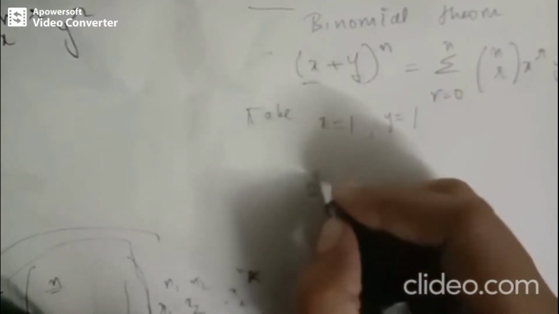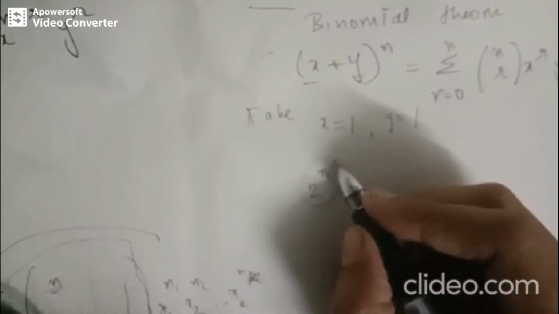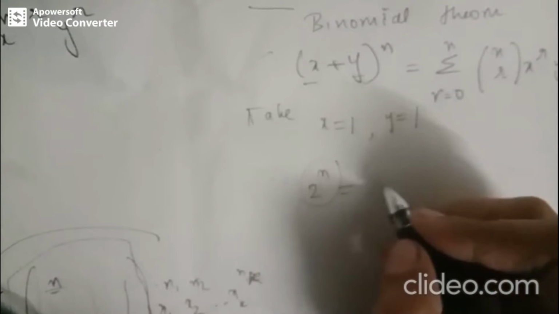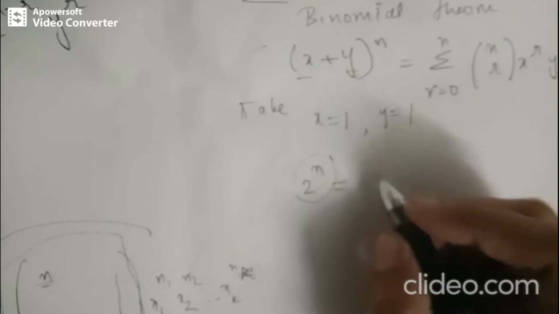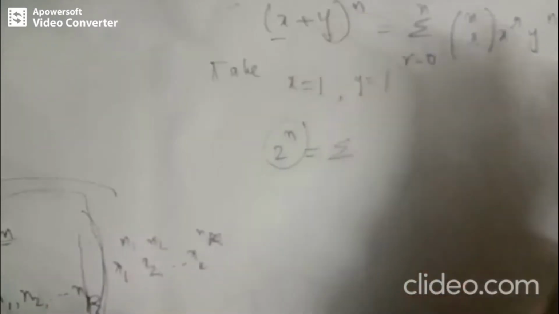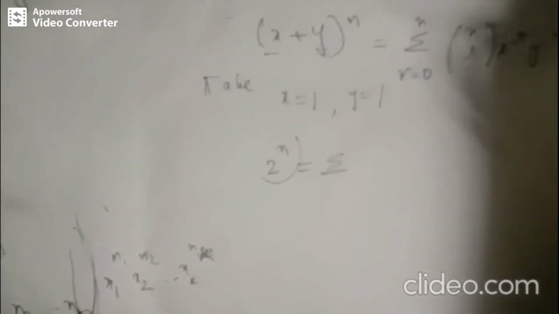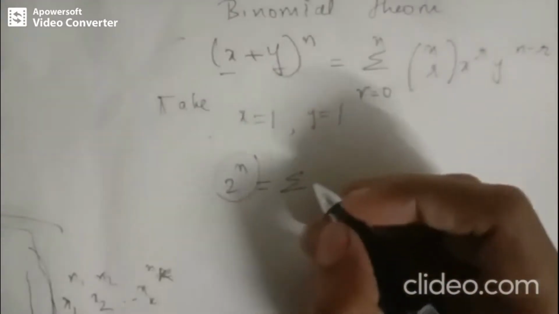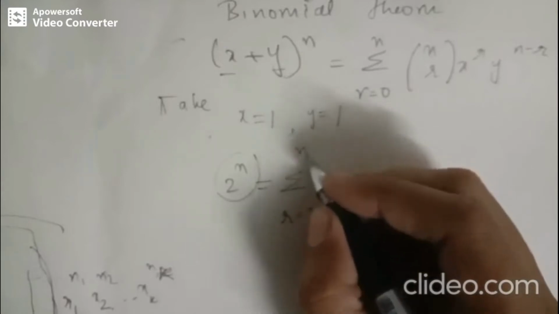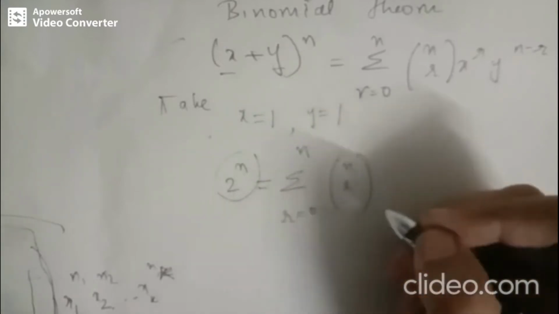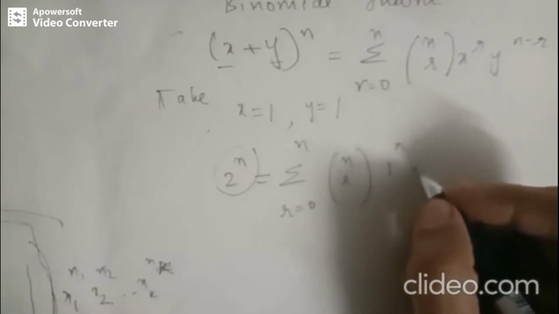So what happens when we take x is 1 and y is 1? We get 2 raised to n is nothing but, let's substitute x is 1 and y is 1 wherever there is x and y respectively. So it's the summation of r is equal to 0 to n nCr, and in place of x you write 1 and in place of y you write 1 itself.